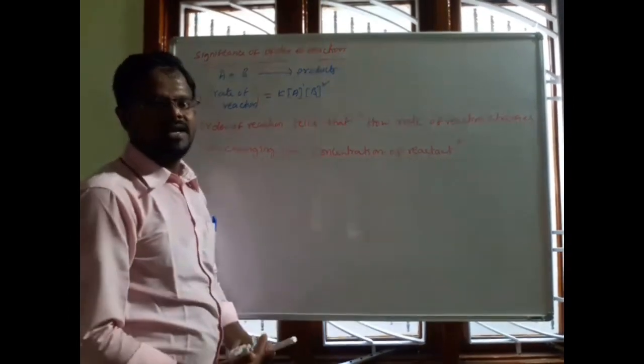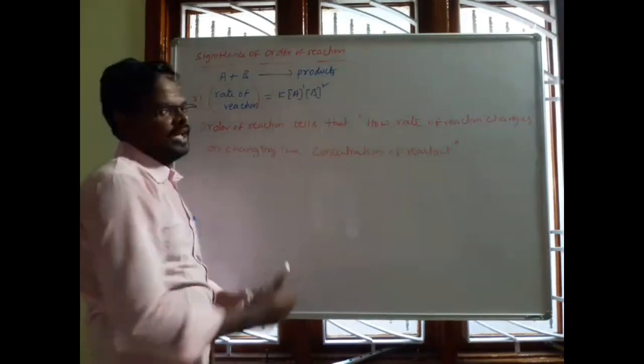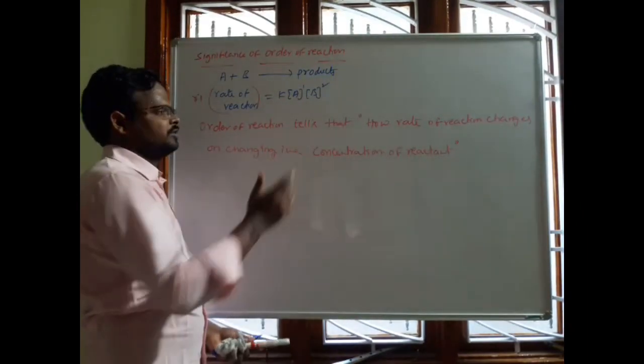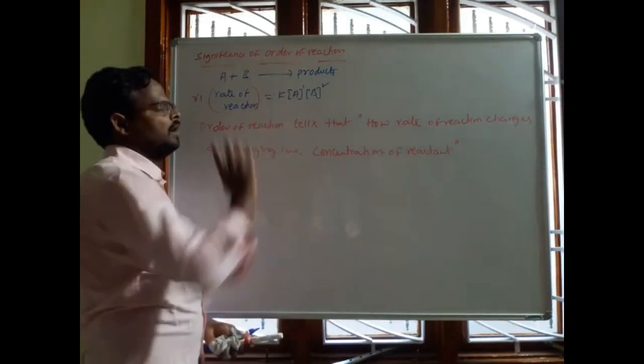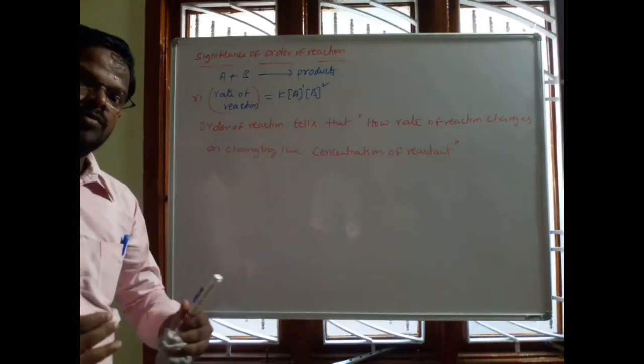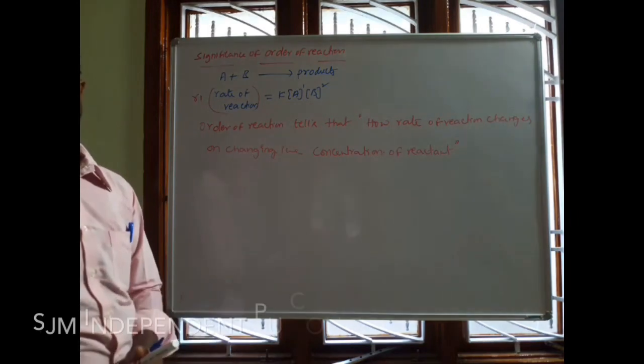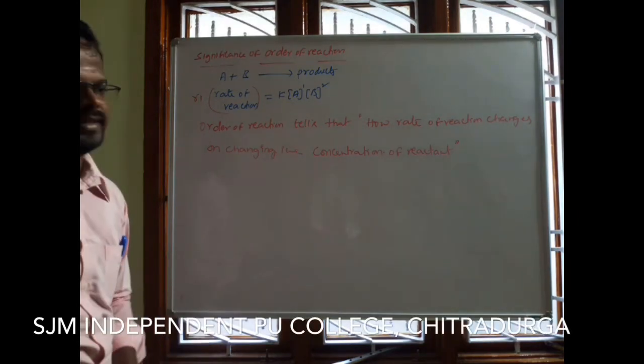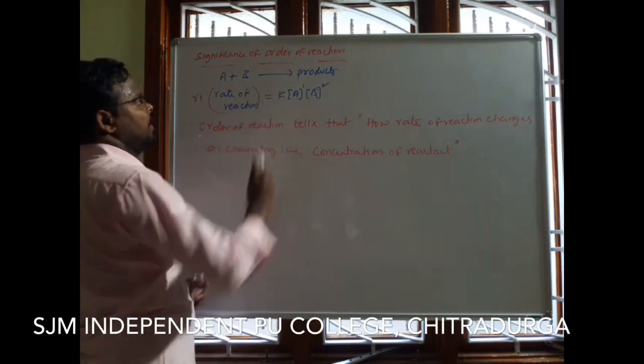That means on changing the concentration of the reactants, the rate of reaction changes with respect to the order of the reaction. The order of a reaction tells how many times the rate of reaction will increase or decrease. That is the point here.